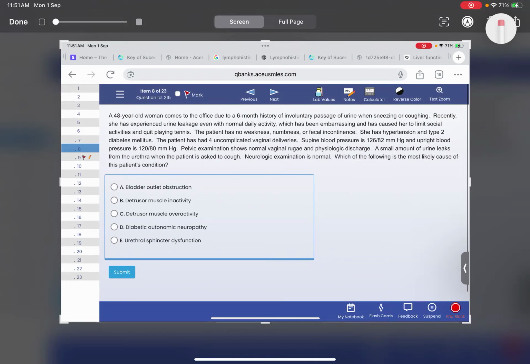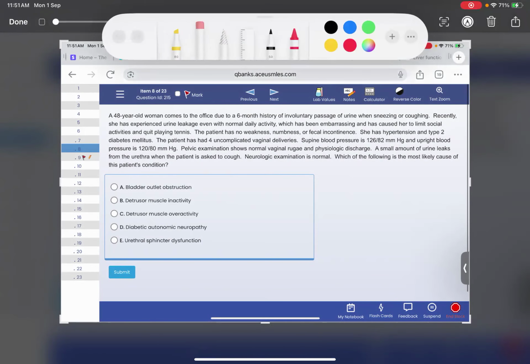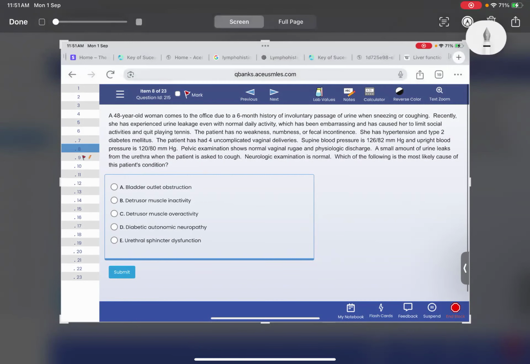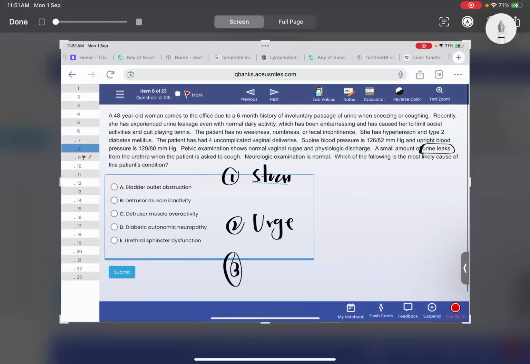I've told you these questions are very simple. Here I am going to give you an overview about incontinence. She has a problem of urine leakage with coughing. So one type is stress, another is urge, and another is overflow incontinence.